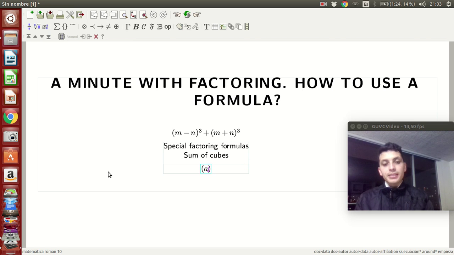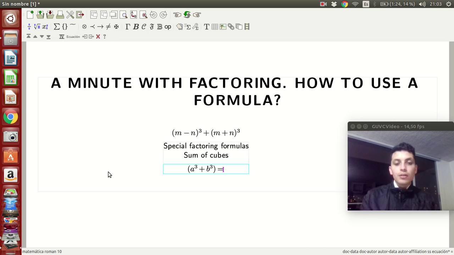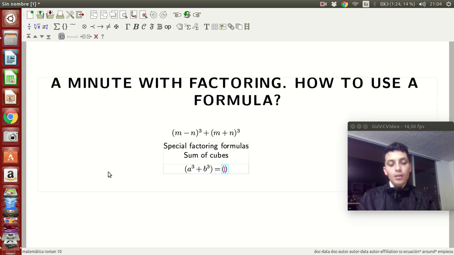So the formula is a cube plus b cube equals a plus b times a square minus ab plus b square.